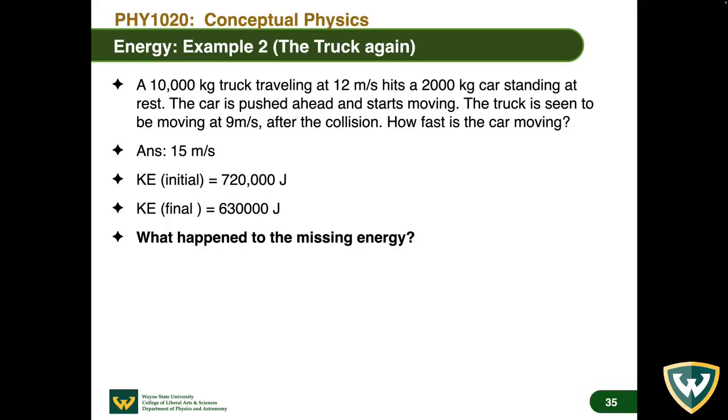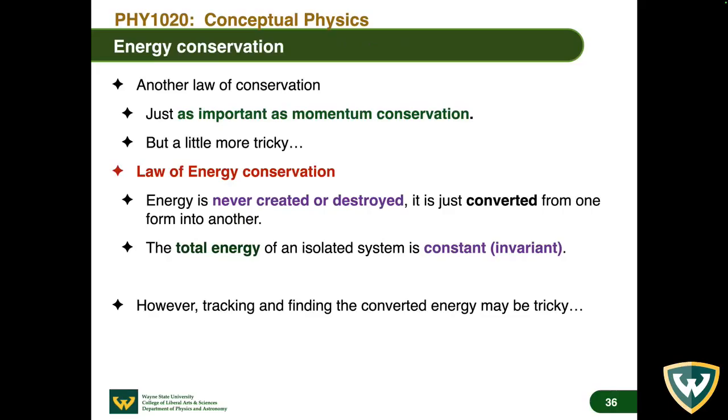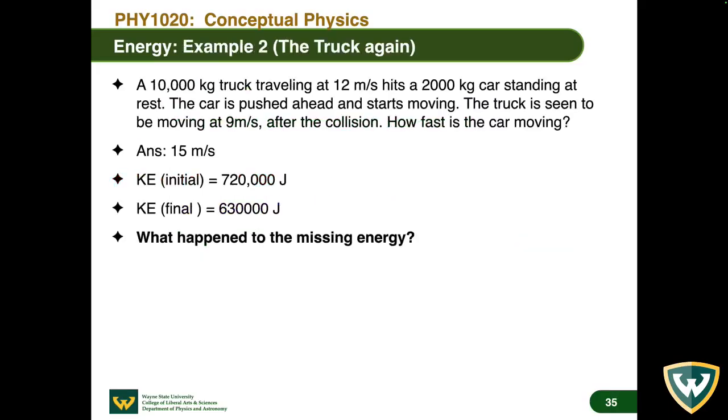Now we find that with such a speed, the kinetic energy of the two vehicles together after the collision, or the final kinetic energy, is less than the initial kinetic energy of the truck. So some energy now has disappeared, seemingly. Where did it go? Well, can you make a guess?